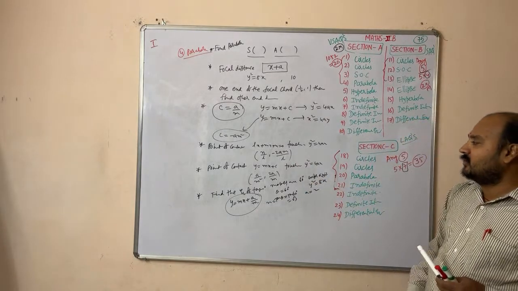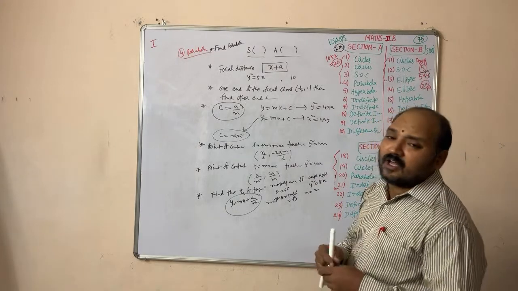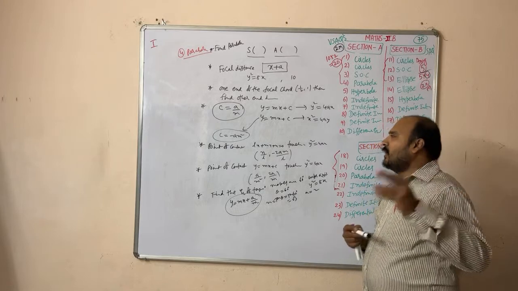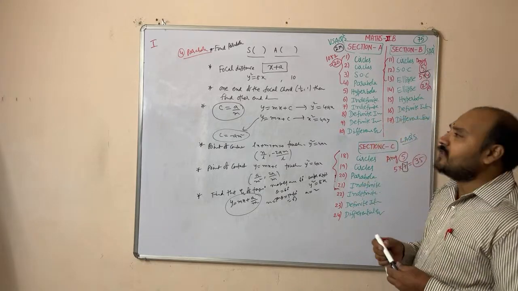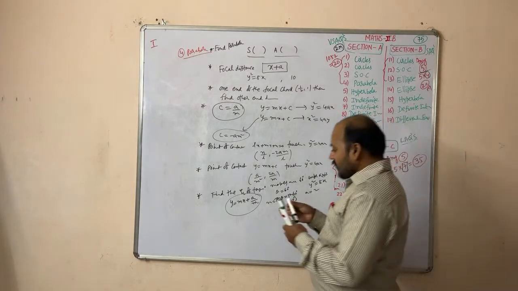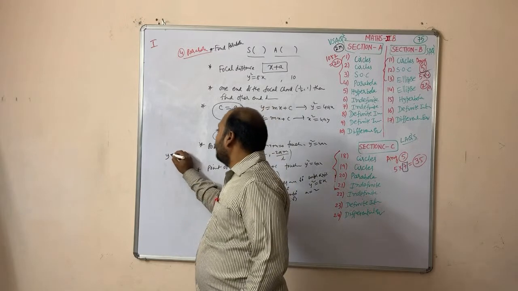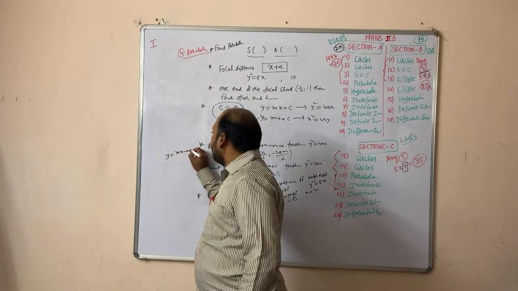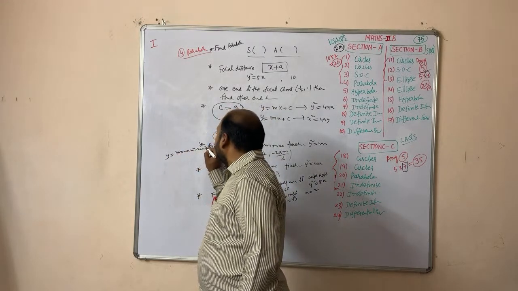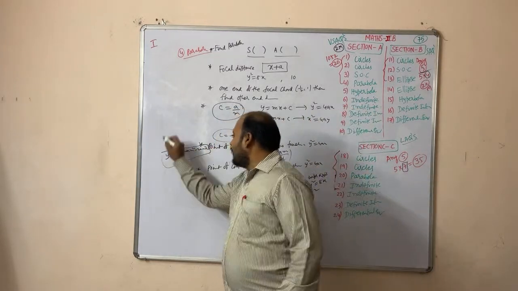Even one question they recently asked in the public examination in TS: find the equation of normal which is parallel to the given line. The formula is y is equal to mx minus 2am minus am cube.